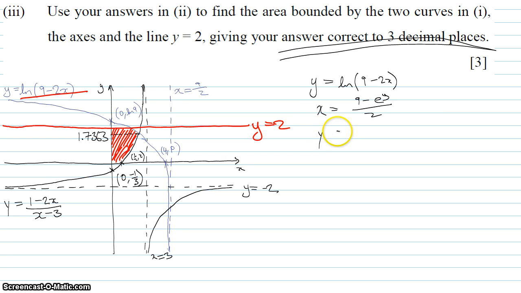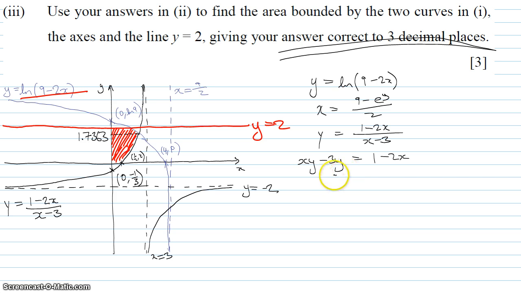If y equals (1 minus 2x) over (x minus 3), well, that means that multiplying up, I get xy minus 3y is equal to 1 minus 2x.